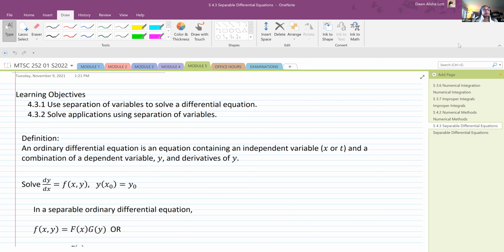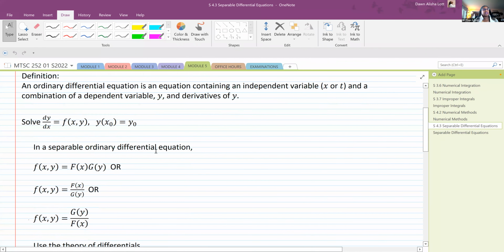All righty. So now the special type that we're going to be doing is a separable differential equation.